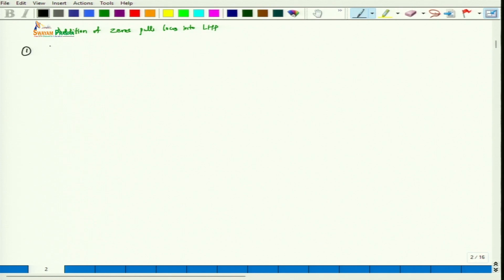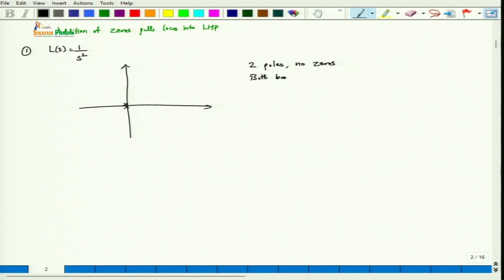Let us consider L of S is 1 by S square. In this case, we have two poles at S is equal to 0, no zeros. So, both the branches go to infinity.